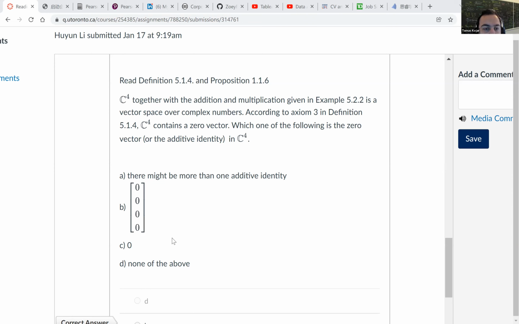Here you have C4, so it's a vector. What did you think C4 was? What I think is that the notation C is the complex number, so I regarded it as a complex number.